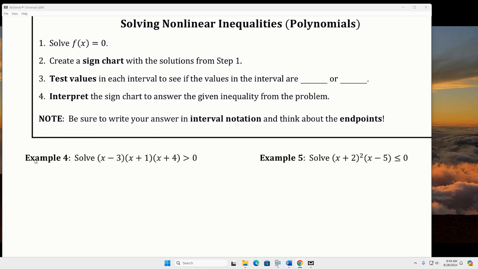The first thing I do is set up a number line. Then we want to find where this equals 0. How many zeros are there? 3. So I'm going to put 3 little marks on my number line, 1 for each 0. Then we're going to label the zeros on the number line in numerical order.